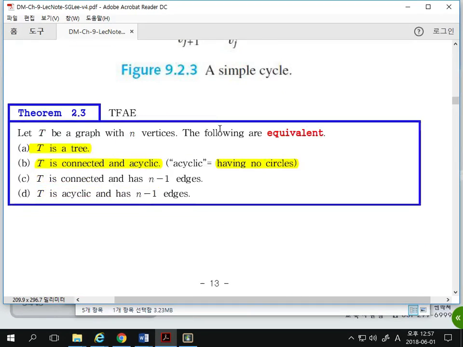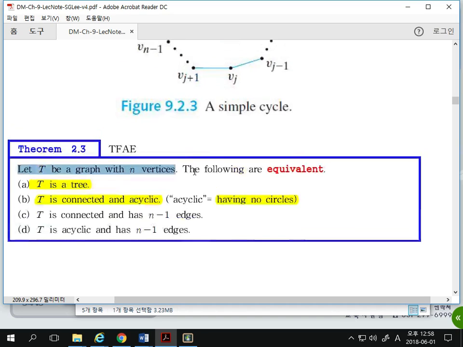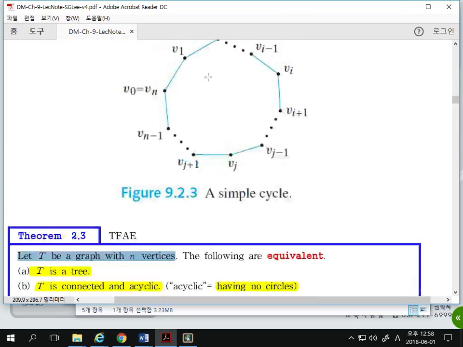And the following statements are equivalent. Let T be a graph with n vertices, then the following are equivalent. T is a tree, T is connected and has no cycles, if and only if they are equivalent. T is connected and has n-1 edges.